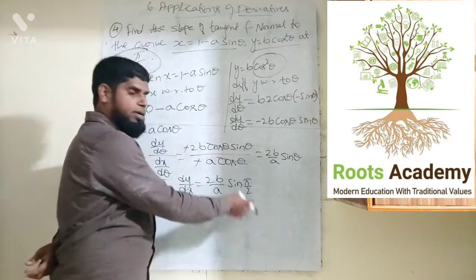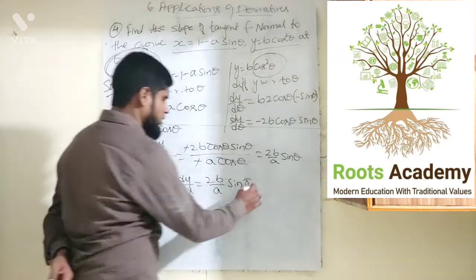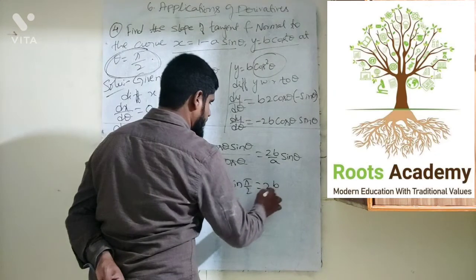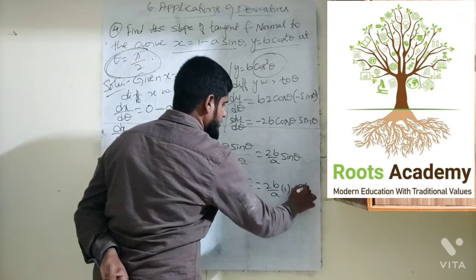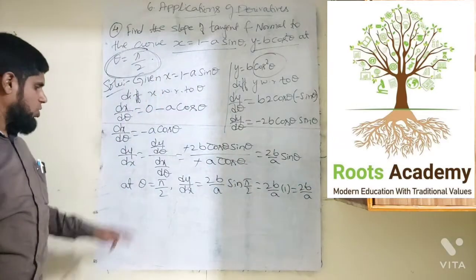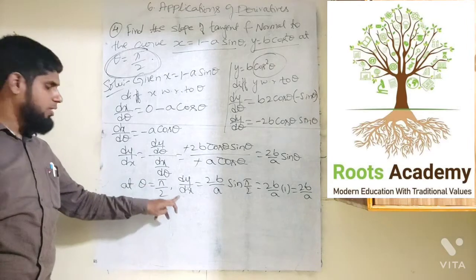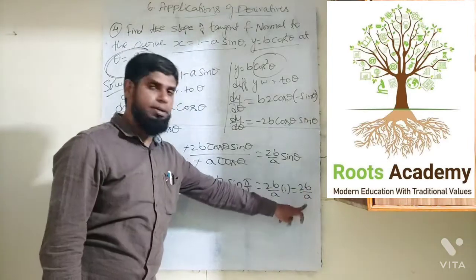You know, sin pi by 2 is sin 90. Sin 90 degrees is 1. So it is 2b by a into 1. This finally becomes 2b by a. So our final dy by dx at theta is equal to pi by 2, we got 2b by a.